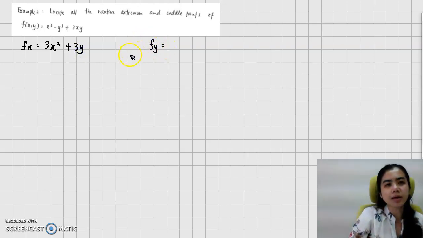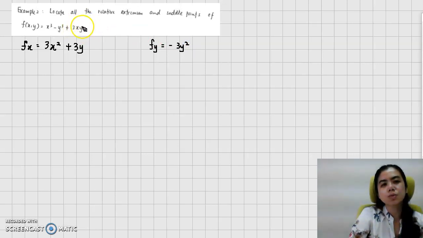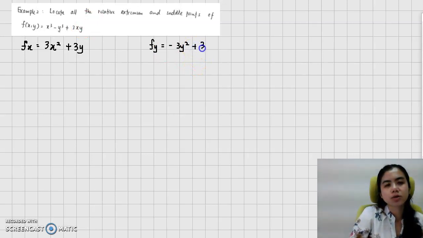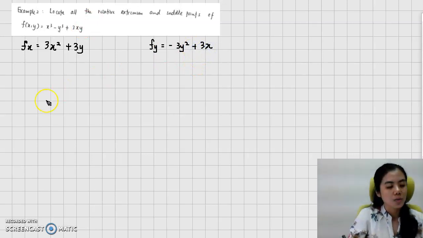When you find fy, same thing, you treat x as constant, so it's 0, and it's actually minus 3y squared. And then in here, you treat x as constant, differentiate y, so you have plus 3x. So what is the next step?